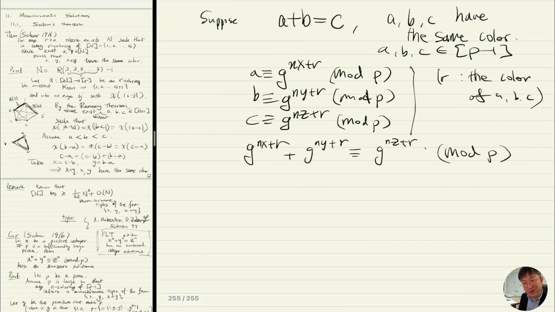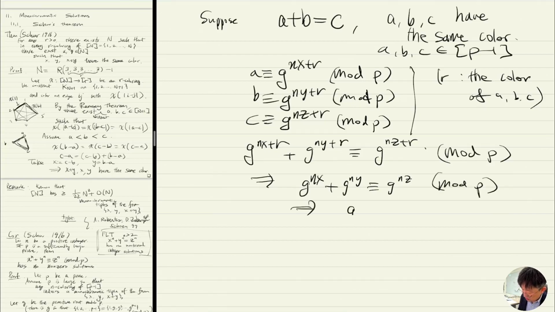I can divide both sides by g to the r, by which I mean you multiply by the inverse of g, r times. Then what you have is g to the nx plus g to the ny is equal to g to the nz. So (g to the x) to the n plus (g to the y) to the n is equal to (g to the z) to the n.